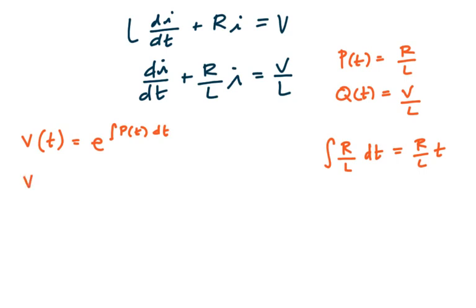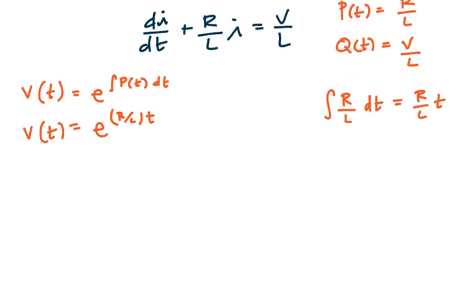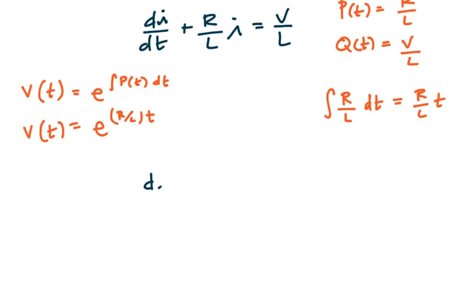So in this case, V of t is e to the R over L times t. So once we have that, we take our first order linear differential equation. In this case, like I said, it is I in terms of t instead of y in terms of x. But we're going to take it and multiply by our integrating factor.